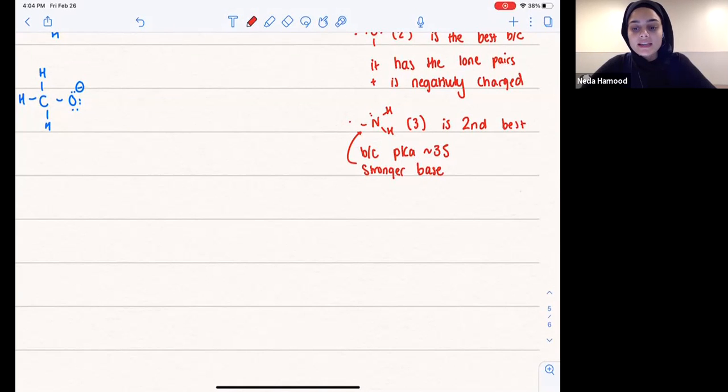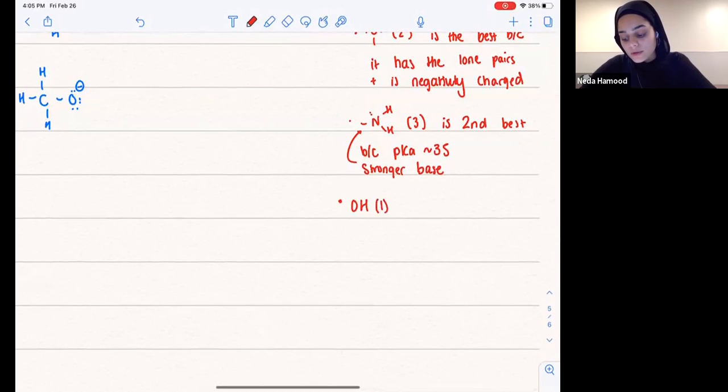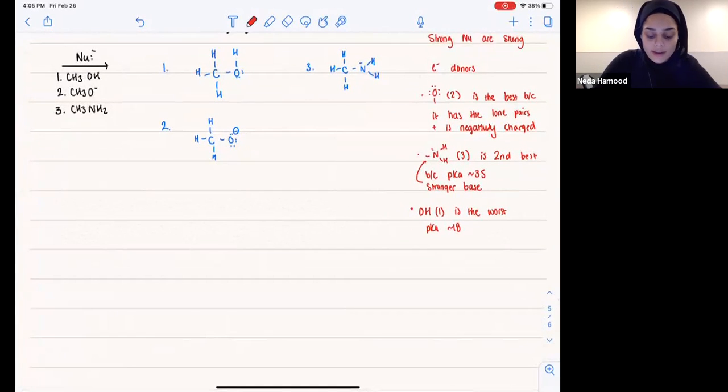If you're going to memorize any 2 pKa values for this exam, I would say memorizing NH2 and OH would be the best. But honestly, at this point, you don't have to memorize them because I'm telling you that NH2 is just a better base. So in case something like this does come up, we have OH is the worst because the pKa of it is around 18.